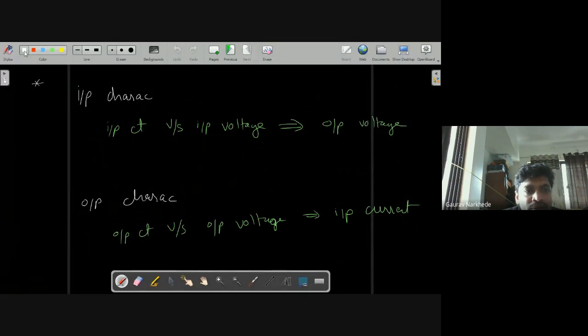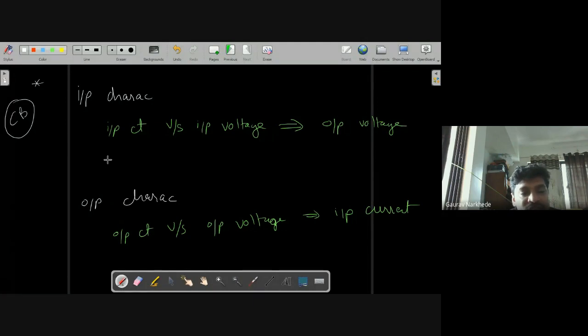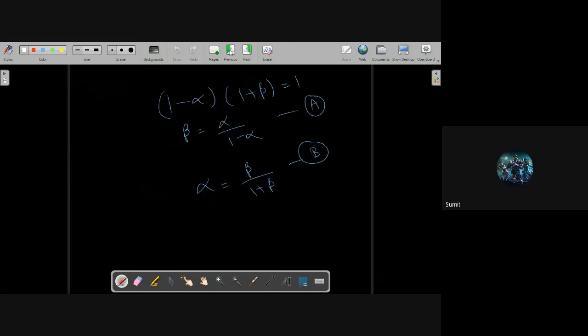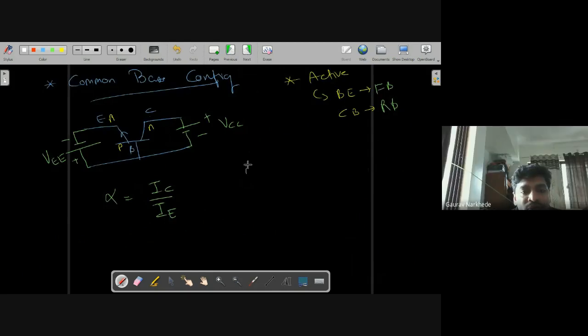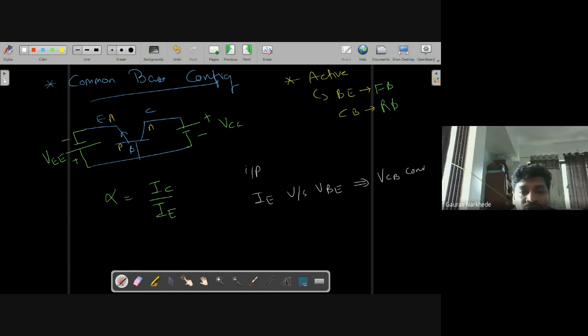Now this is common base configuration. In common base, tell me, input characteristics is a graph of IE versus VEB. What is constant? VCB constant, right?